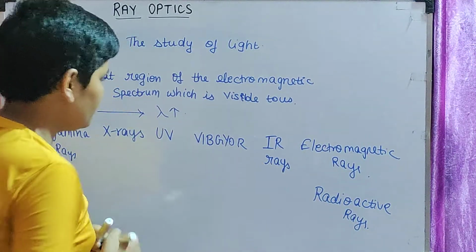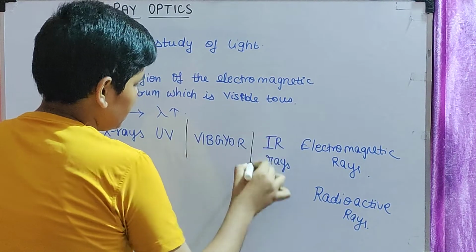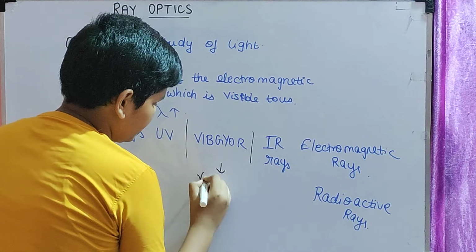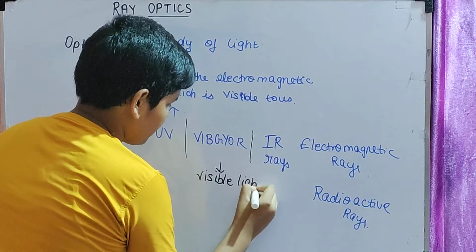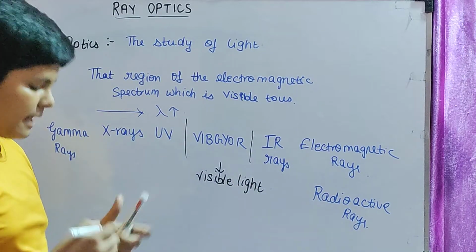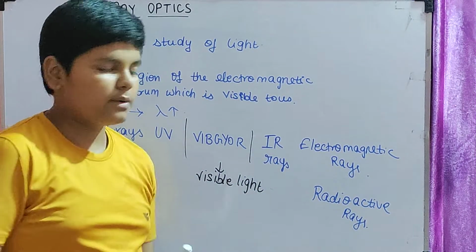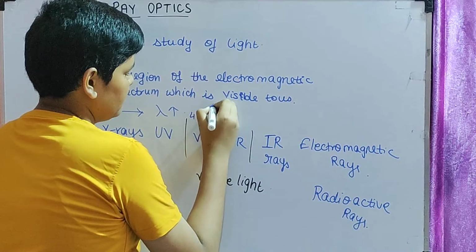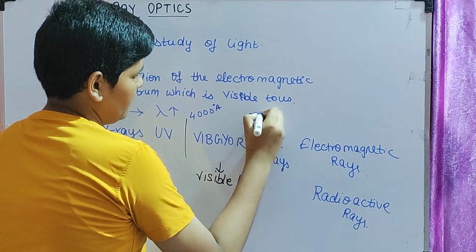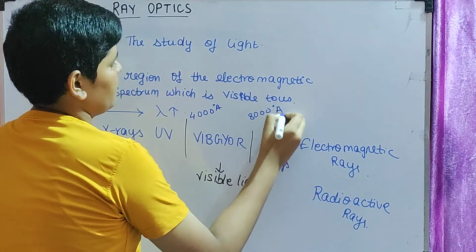So this region over here, this Vibgyor, this is the visible light. This is the only light which we are able to see with our naked eyes. It starts from 4000 angstrom to 8000 angstrom.